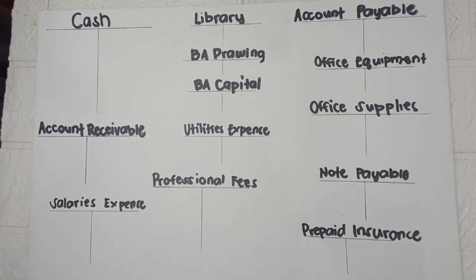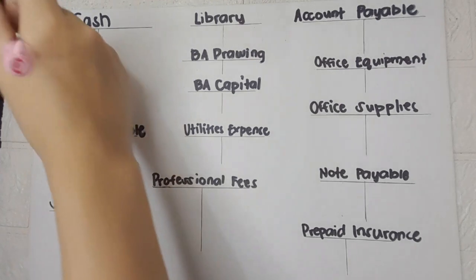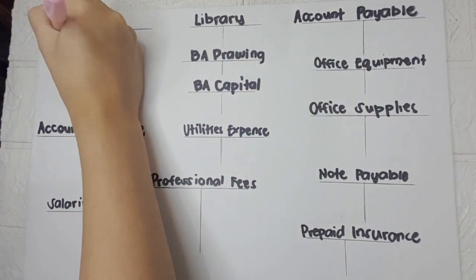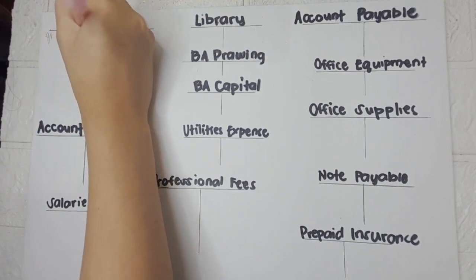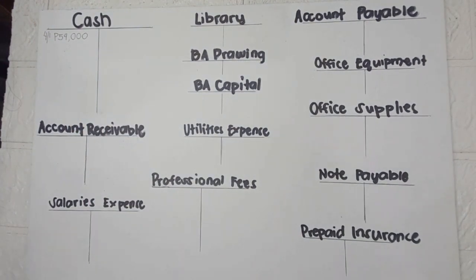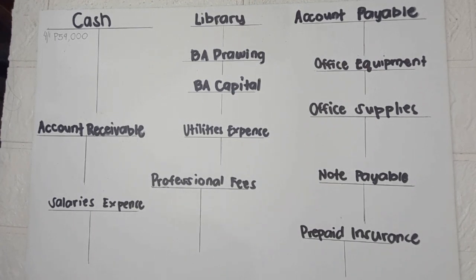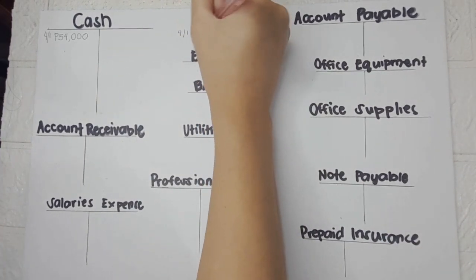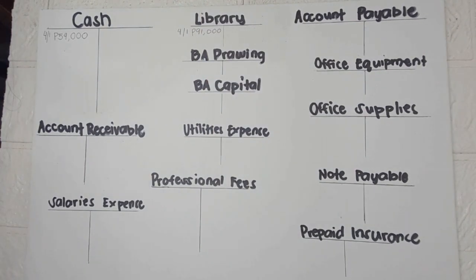So the cash will be a debit for the cost of 54,000. And for the library, the 91,000 will be on the debit side. BA Capital will be 145,000. So the 145,000 will be credit.